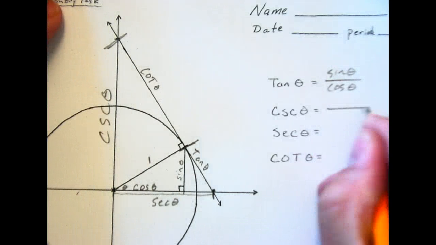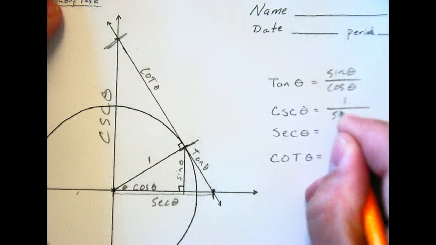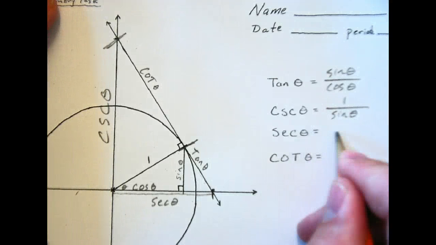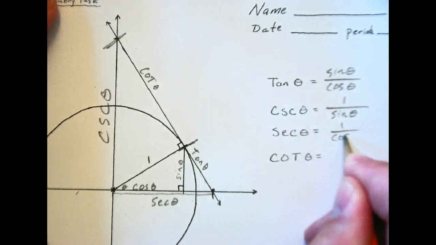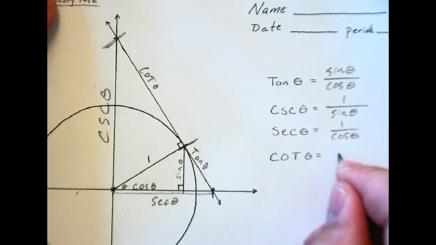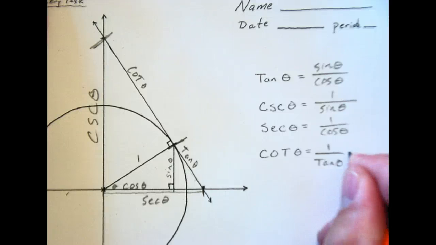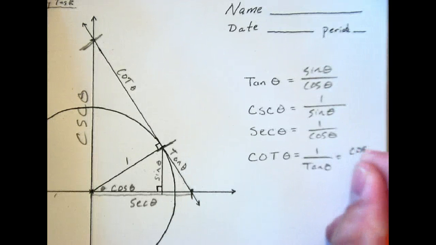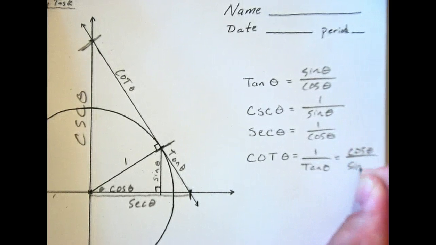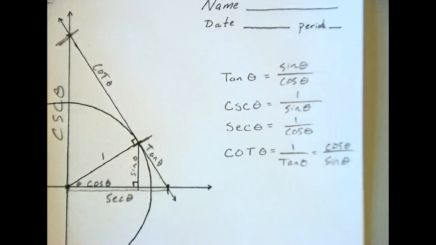Cosecant is 1 over sine theta. Secant, 1 over cosine theta. And cotangent, 1 over tan theta or cosine theta over sine theta. All right, how many were able to get all those?